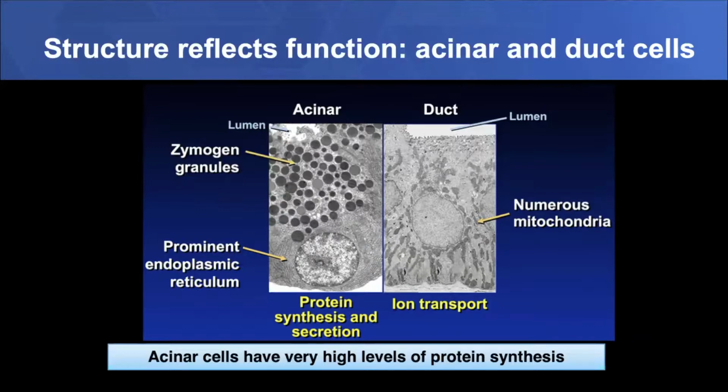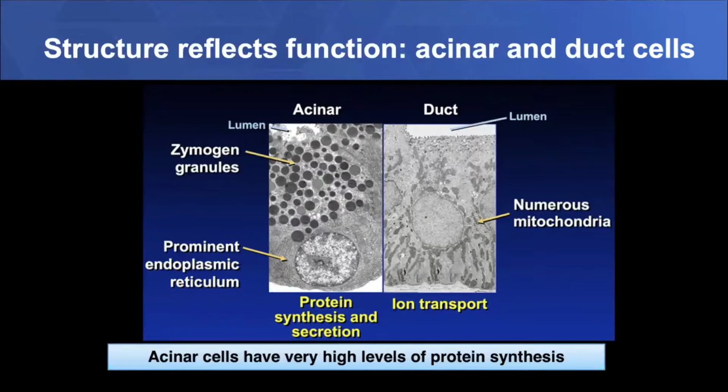At the base of the acinar cell, you can see this prominent lacy web surrounding the nucleus, and that's the endoplasmic reticulum. That's where protein synthesis begins. The acinar cell of the exocrine pancreas has probably the highest average rate of protein synthesis in the body, producing digestive enzymes.